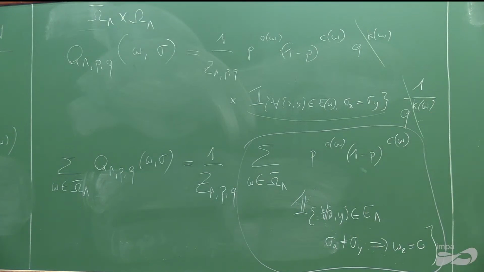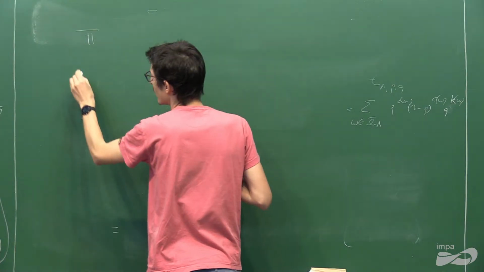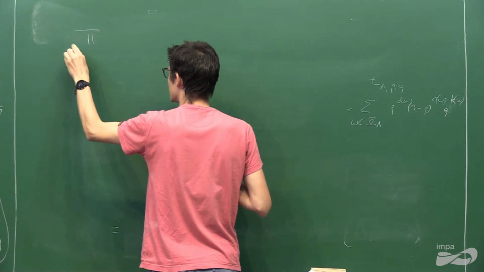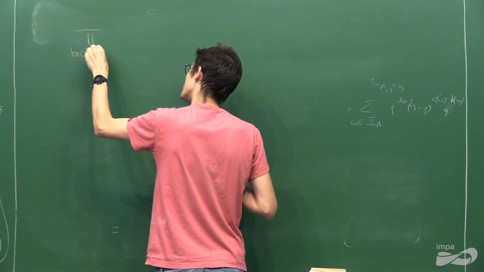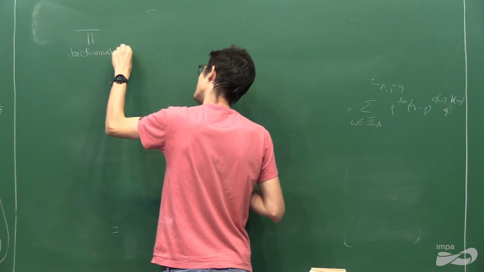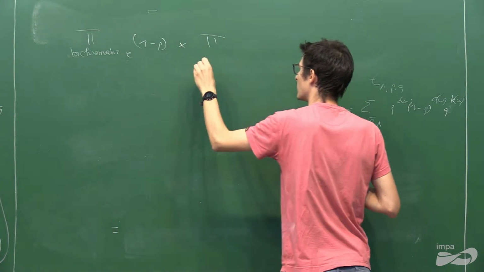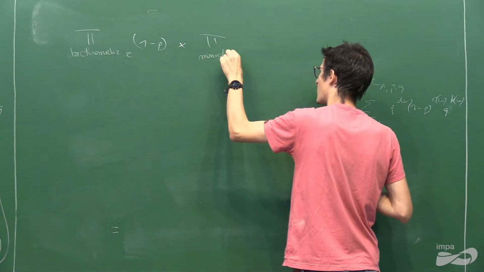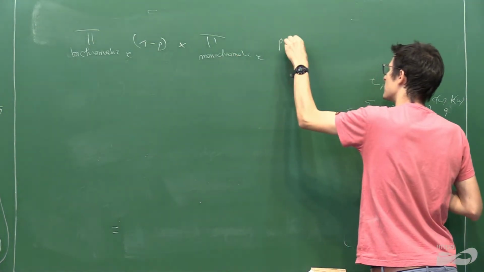It's just the product over the bichromatic edges E of 1 minus p, times the product over monochromatic E of p plus 1 minus p.